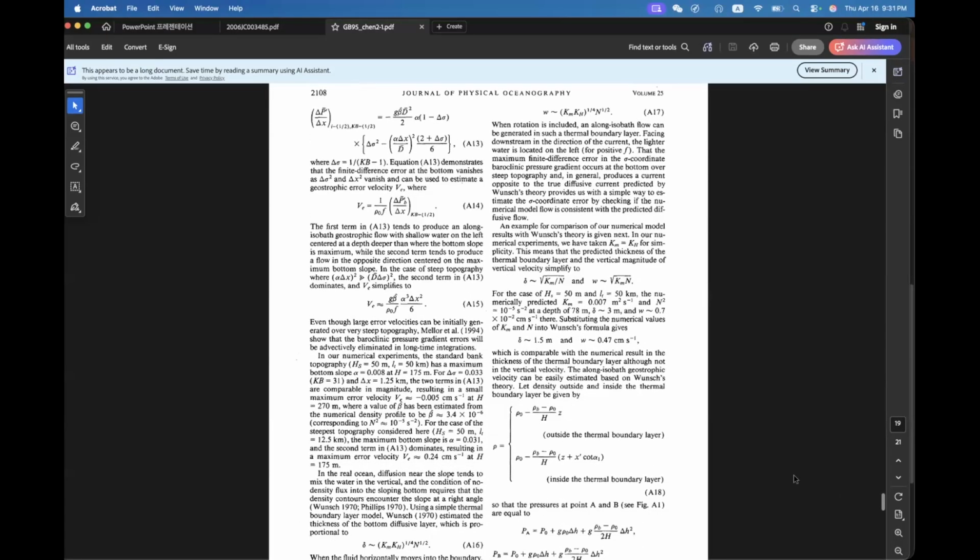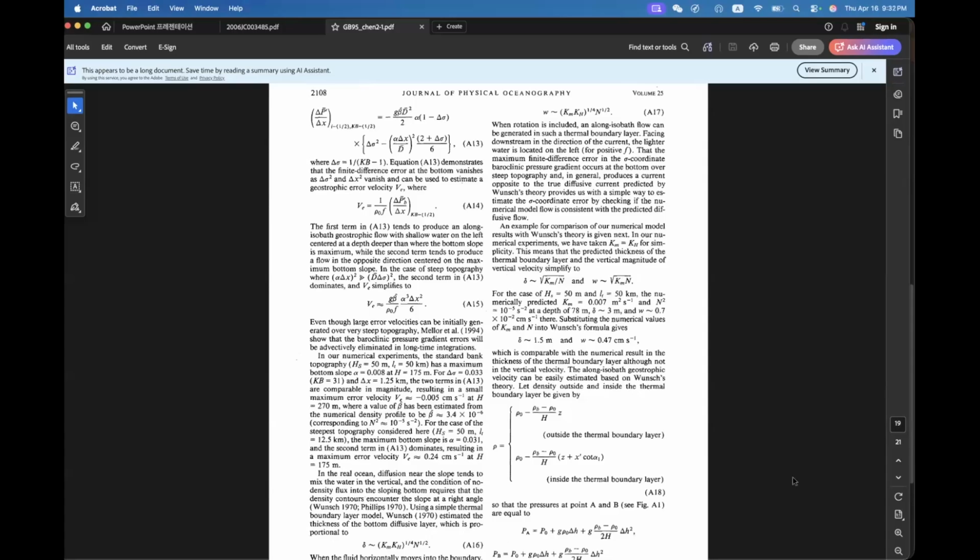You see here, when the topography slope is much larger than this one, this term can be enclosed like a sigma error. This error depends on the slope, how steep the slope is, and how coarse the resolution is. So if a slope is very steep, the error can be bigger. If your resolution is coarser, you can cause a bigger error.